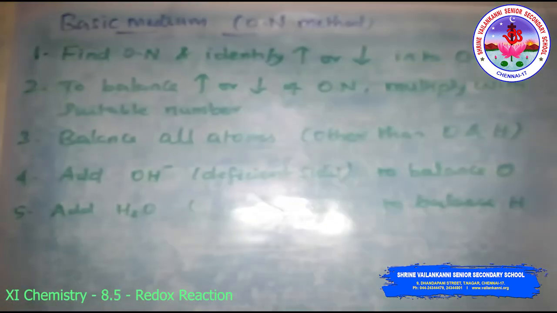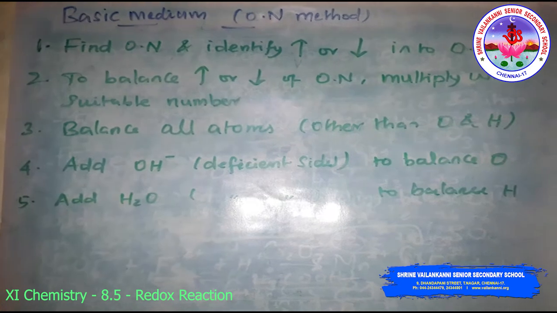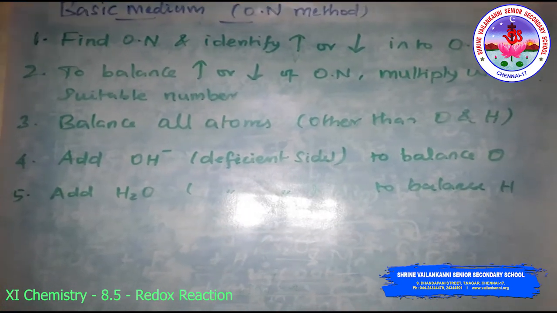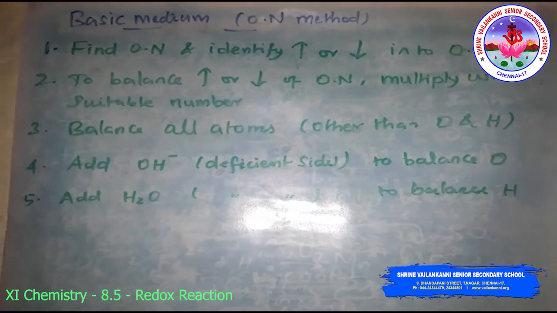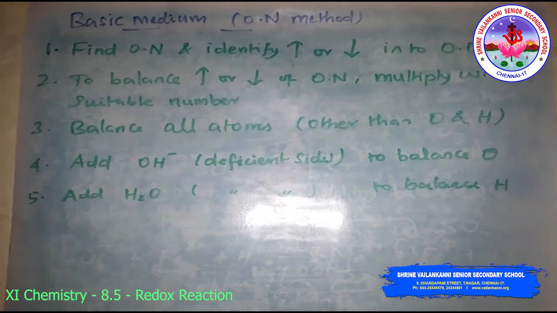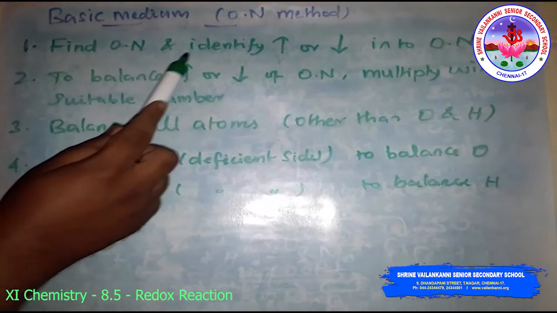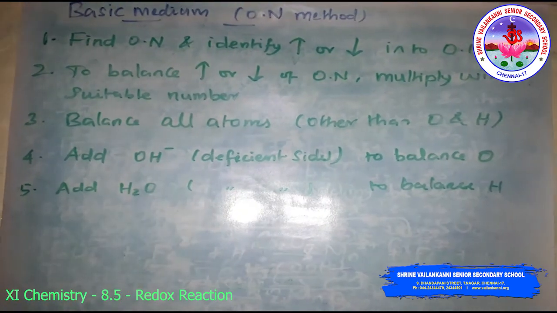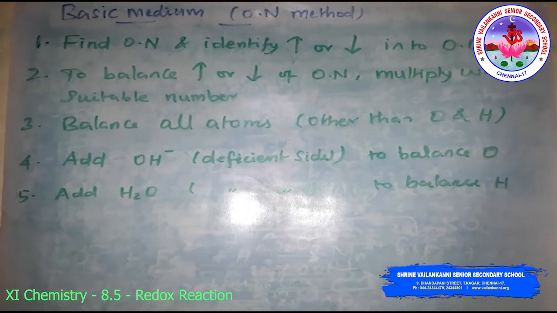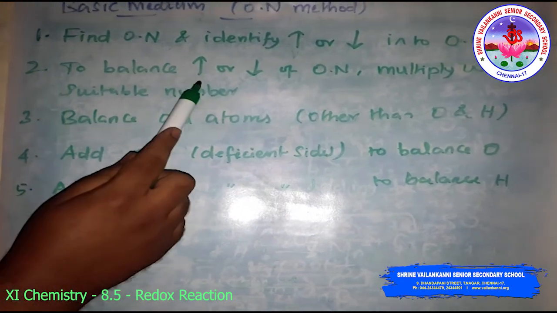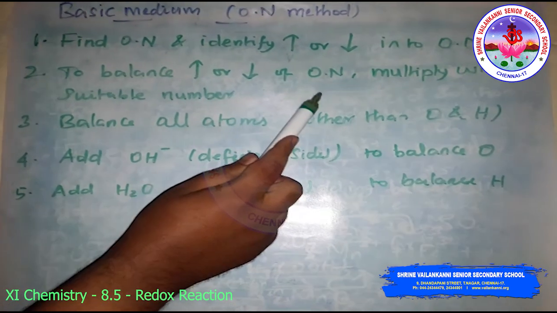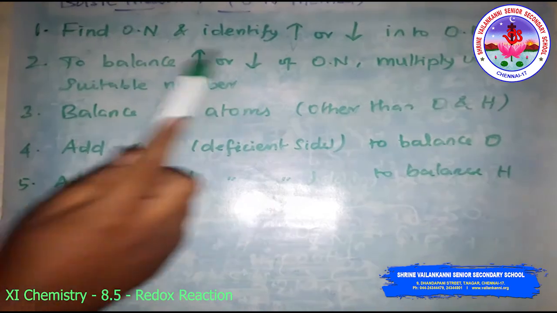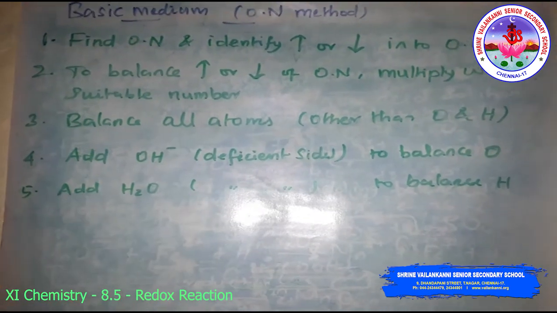Balancing equation in basic medium, that is, by the oxidation number method. See, you have to remember these rules. First, find the oxidation number and identify the increase or decrease in oxidation number. Second, balance the increase or decrease of oxidation number by multiplying with a suitable number.